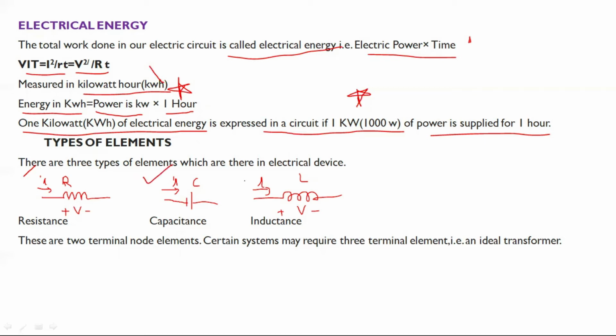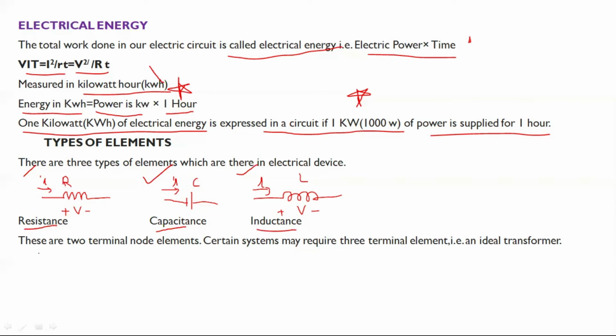Whereas DC will have only resistance, AC will have resistance, capacitance, and inductance as shown in the figures. A voltage is appearing across the resistance, across the capacitance, and across the inductance also.